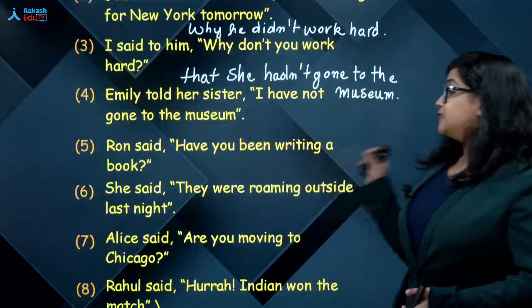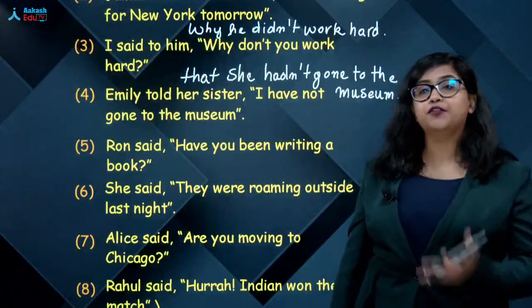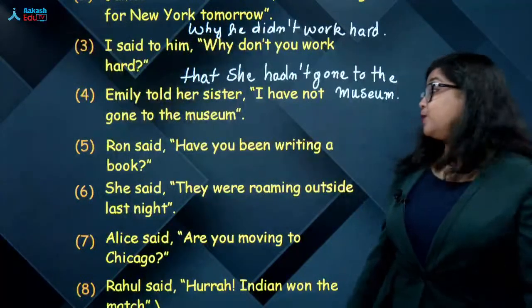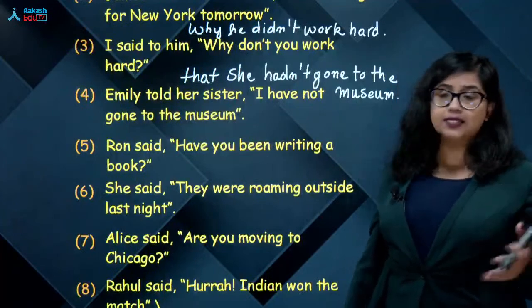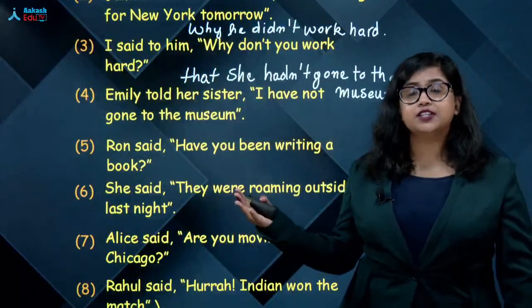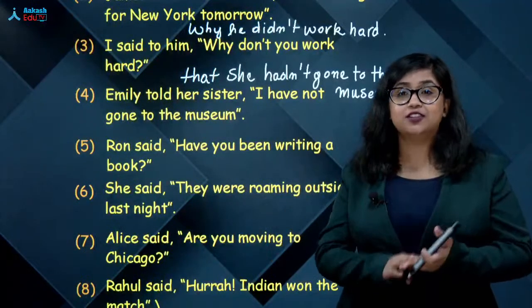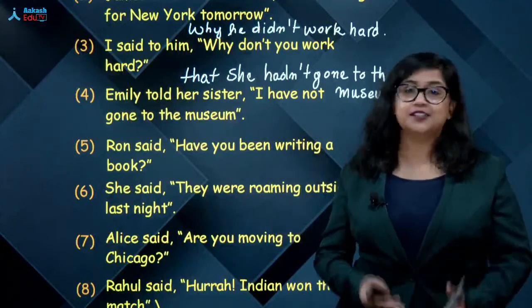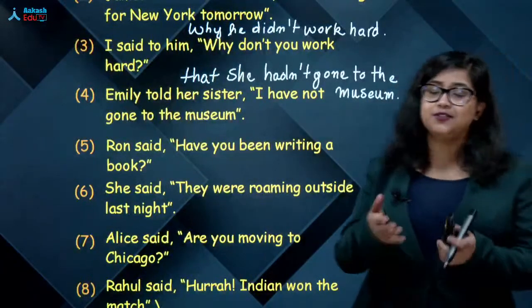Have you been writing a book? Which means this is a present perfect continuous sentence, right? And we can also see that this is an interrogative sentence, okay? It's a yes or no question. So, present perfect continuous changes to, well done, of course it changes to your past perfect continuous tense, right? So go ahead and now change this sentence into reported speech.